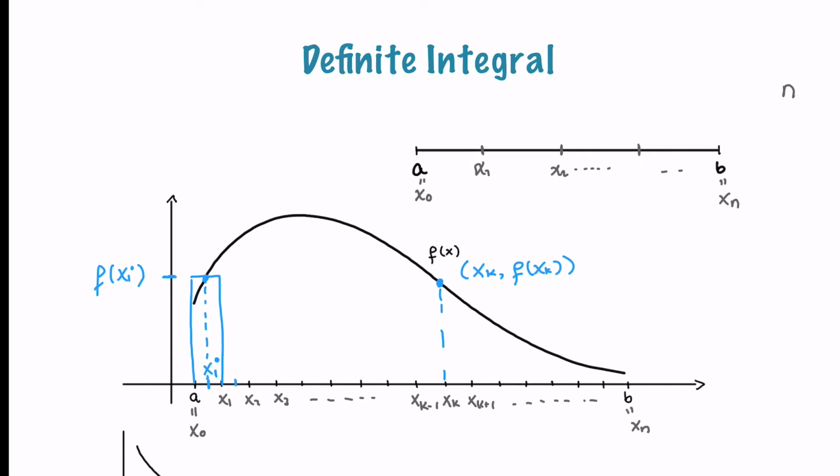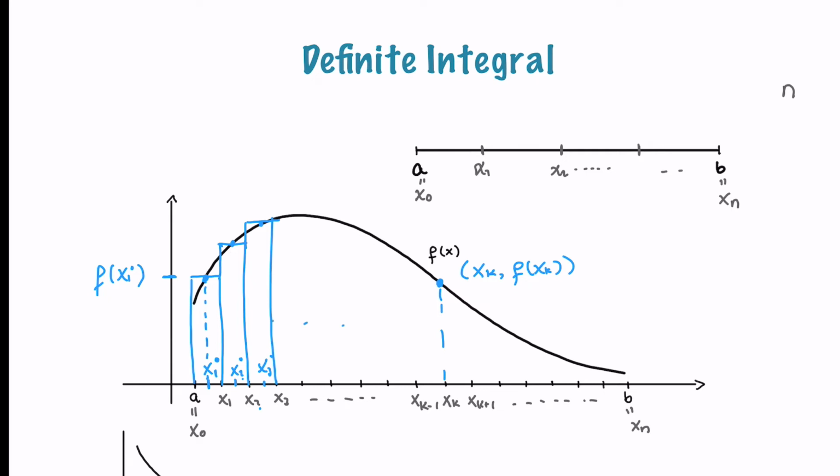Then we do x2 dot here. Look, the 2 goes with the next one, the 2 there. Then we go up to the function at x2 dot and draw the rectangle from there down here. And you keep on doing that. That would be x3 dot. Go up there and take the rectangle there, and keep on doing that.